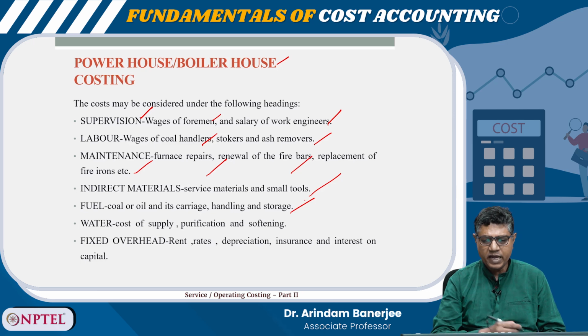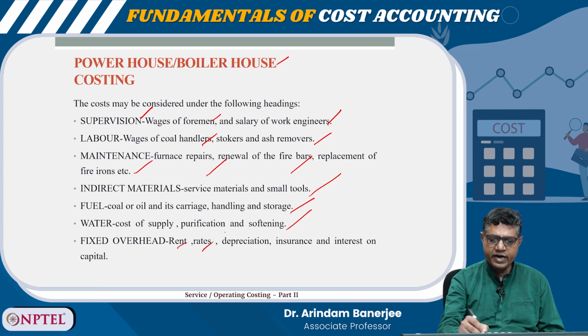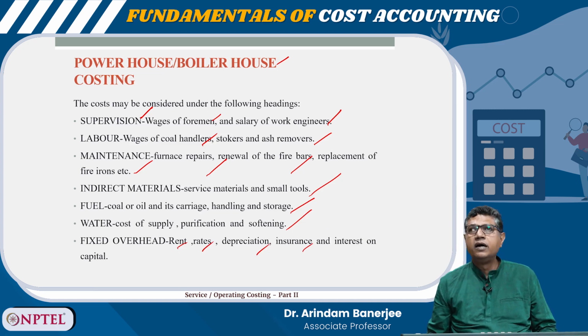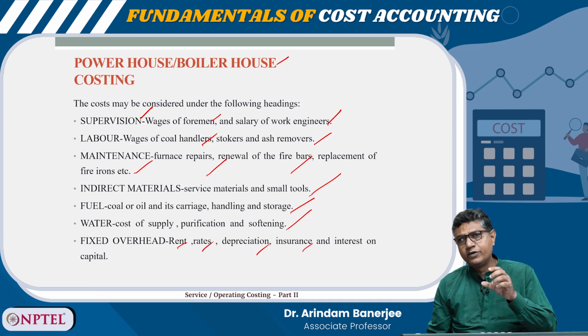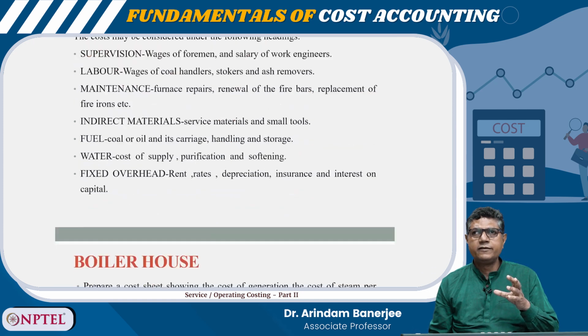Water, cost of supply, purification and softening, right? Fixed overhead, rates, rent, depreciation, insurance, etc. So, these are the costs which are particularly specific to a power generating company or a boiler house, right?